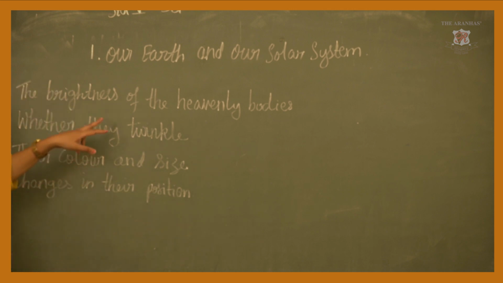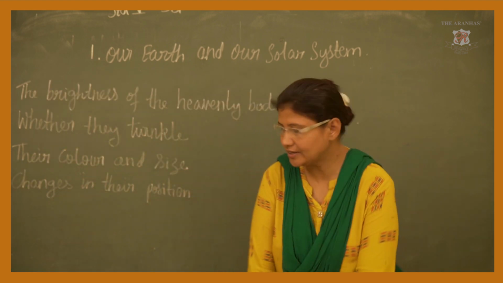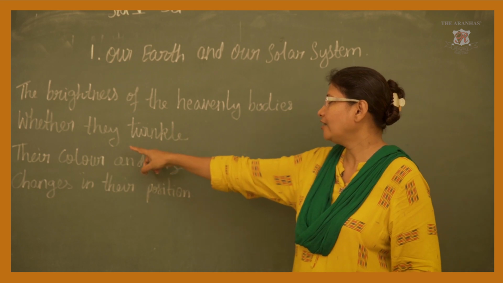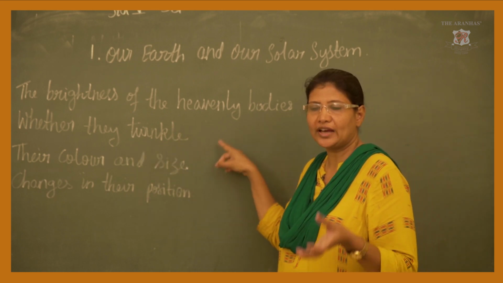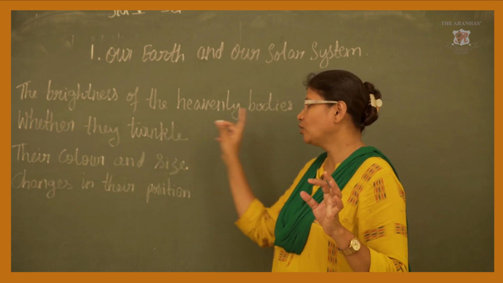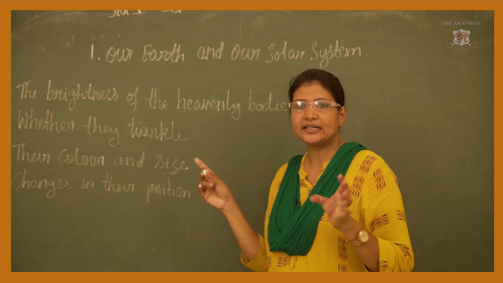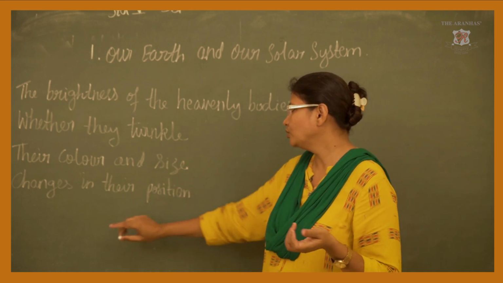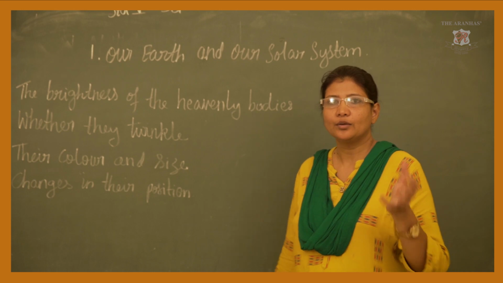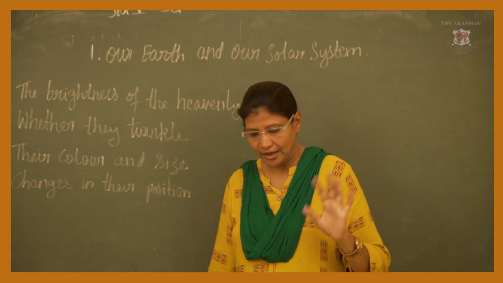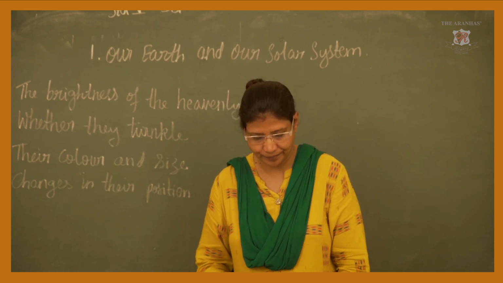The first point is the brightness of the heavenly bodies. Then whether they twinkle or not. Then their color and size, for example the size of the moon. Then changes in their position. Whatever position they are changing to, you have to observe and write it down.